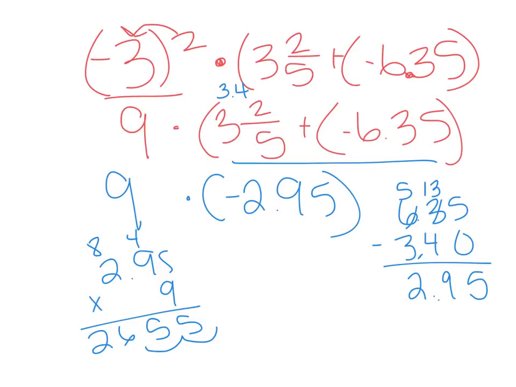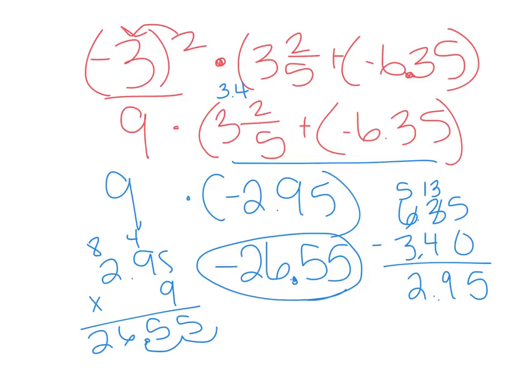Two places to find the decimal, it comes over two times. We had a negative and a positive, so that's going to be a negative 26.55 for our answer. So go ahead and make sure you have that filled out on your paper, and then do the next 3 on your worksheet, and be sure to check the key.